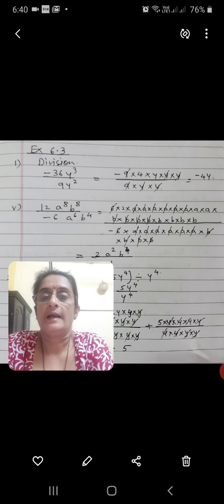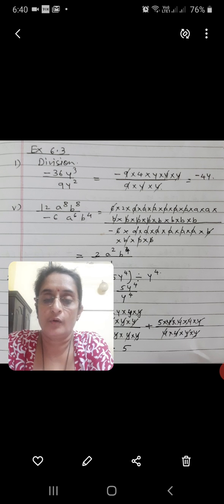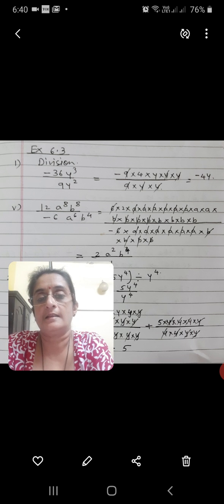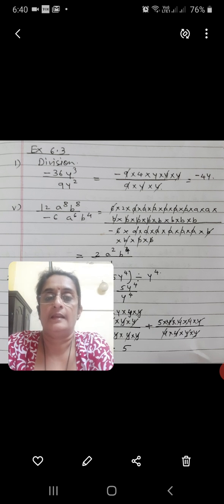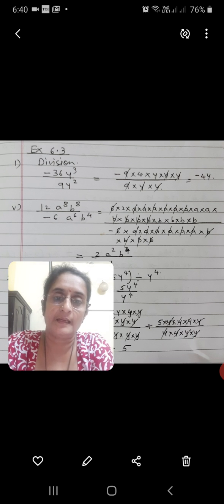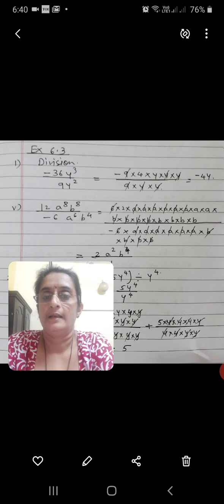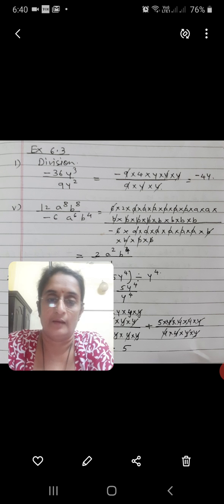Now minus 36, how are we going to factorize it? You can split it into 9 into 4. Minus sign is there, so 9 is negative. 9 fours are 36. And y is raised to 3, so y into y into y, divided by 9 y square, so 2 times y will be there.